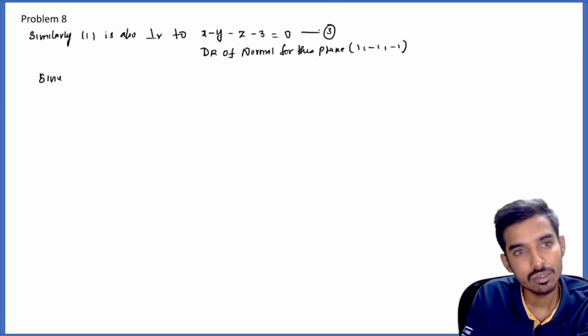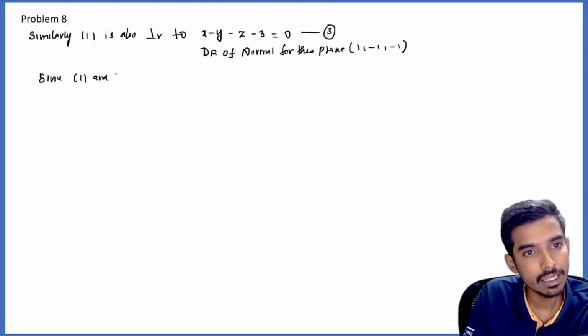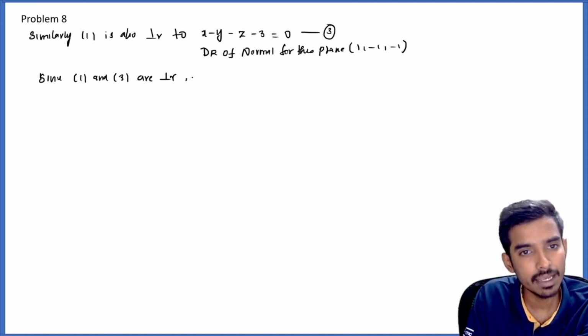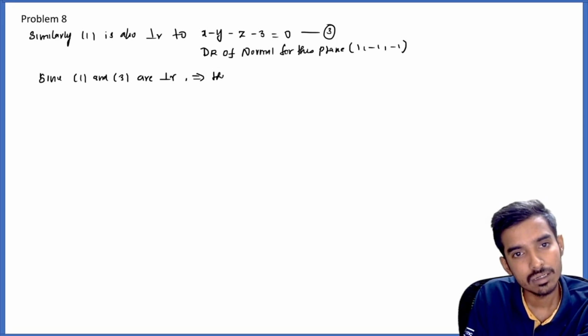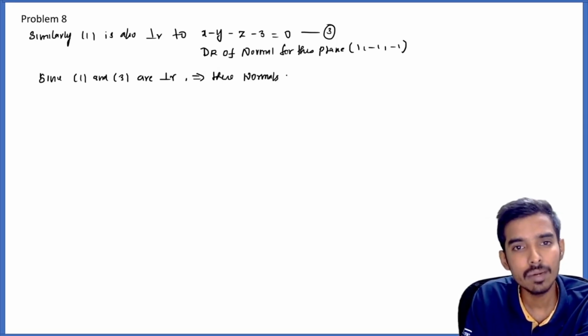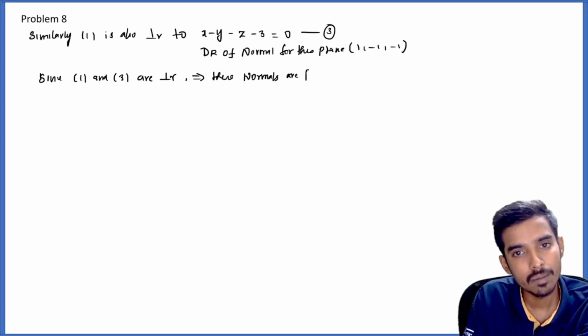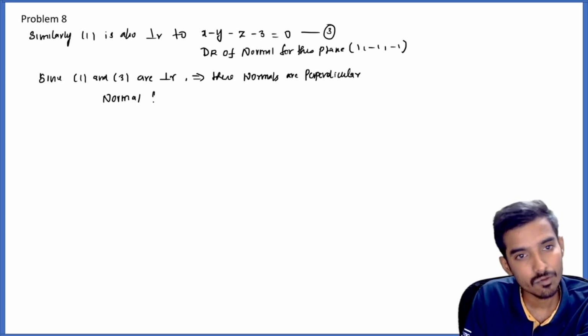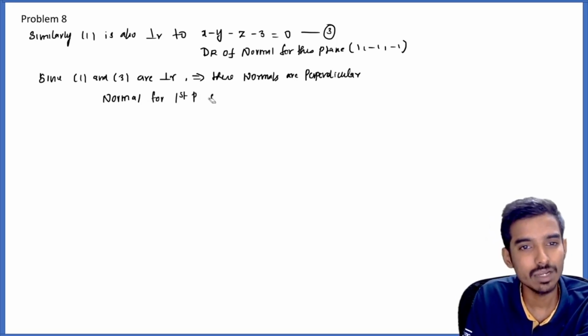Since 1 and 3 are perpendicular, both are planes, this implies their normals are perpendicular. Two planes are perpendicular if their normals are perpendicular, right? That means the normal for the first plane, right? So actually I don't want to confuse you, right?